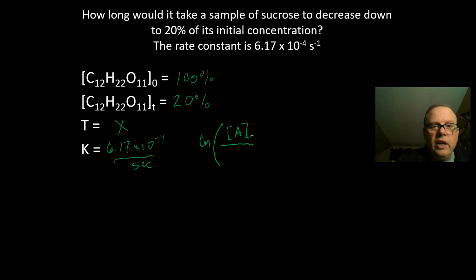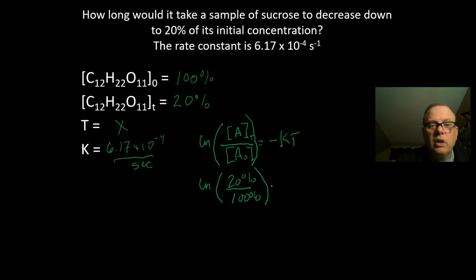Ln of A at time over A at 0 is equal to negative K times T. So ln of 20% over 100% is equal to negative 6.17 times 10 to the negative 4 per second times time, which is the unknown.